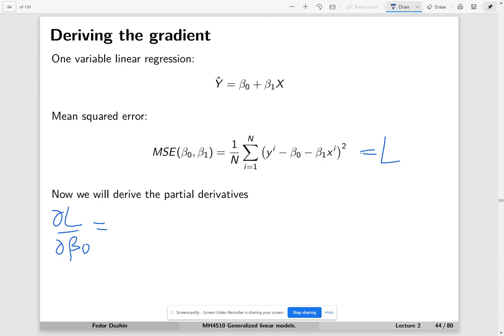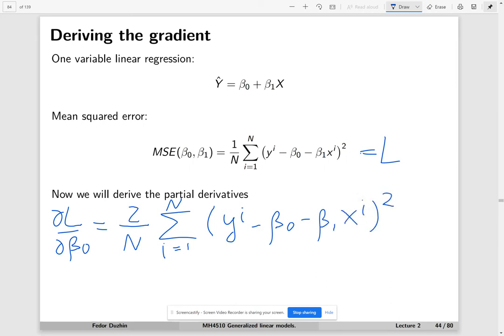My loss function is the sum of many terms, so when I differentiate it, I'm still going to have 1 over n, still going to have the sum from 1 to n. Now I'm going to differentiate every term with respect to beta 0. I'm differentiating the square, so the derivative of the square is 2 times whatever is inside the square. So here is my 2. Now, yi minus beta 0 minus beta 1 xi.